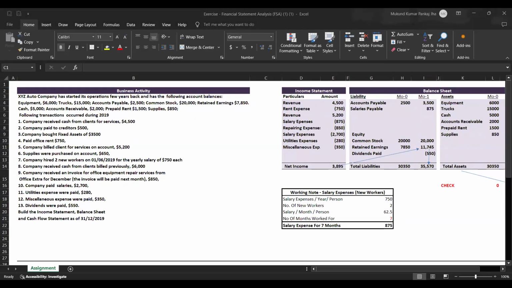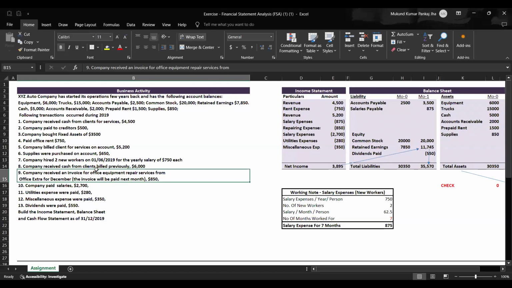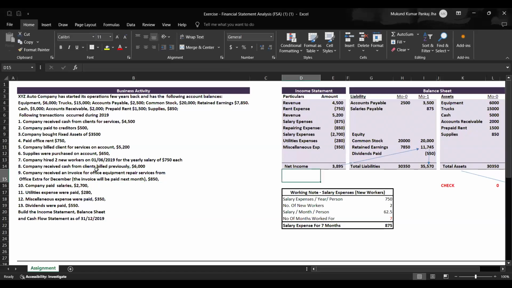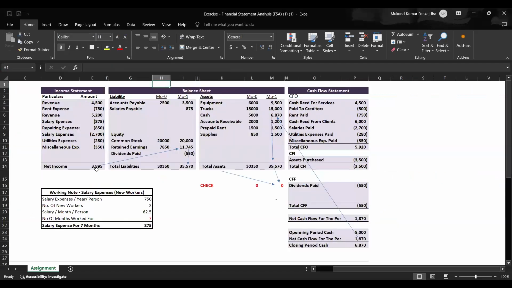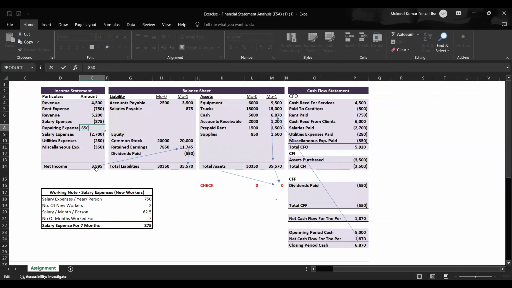Ninth entry. Company received an invoice for office equipment repair services from Office Extra for December. Some of the office equipment needed some repairing, so that was a repairing expense incurred by the company. So 850 has been a repairing expense.